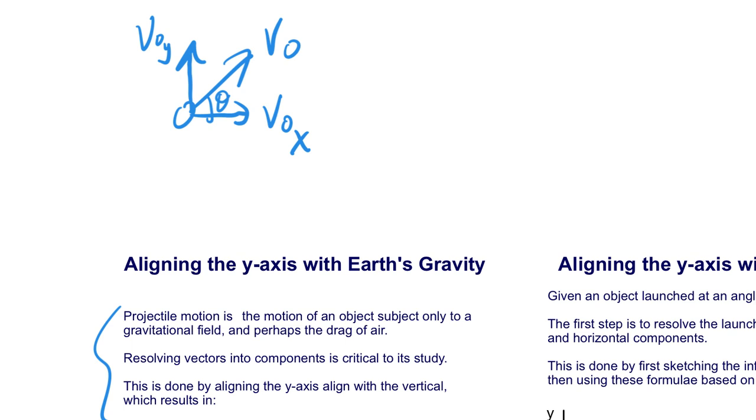When an object's free falling, the only force acting on the object is its what? Okay, so here's the object. The only force acting on the object is its weight.